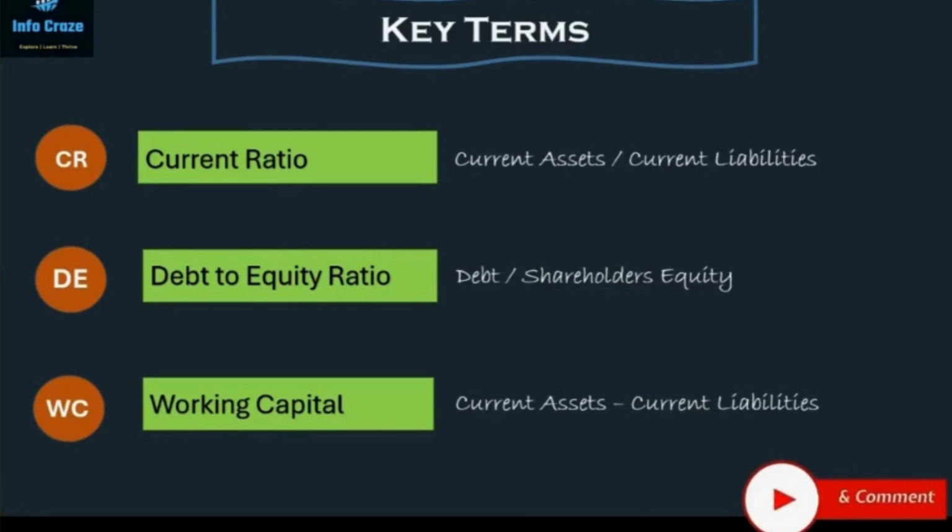So these three key terms are very important and need to be reviewed whenever you have the balance sheet with you, so that you can understand whether the company is worth investing, or maybe you are a finance student, you might have different questions based on these three ratios.